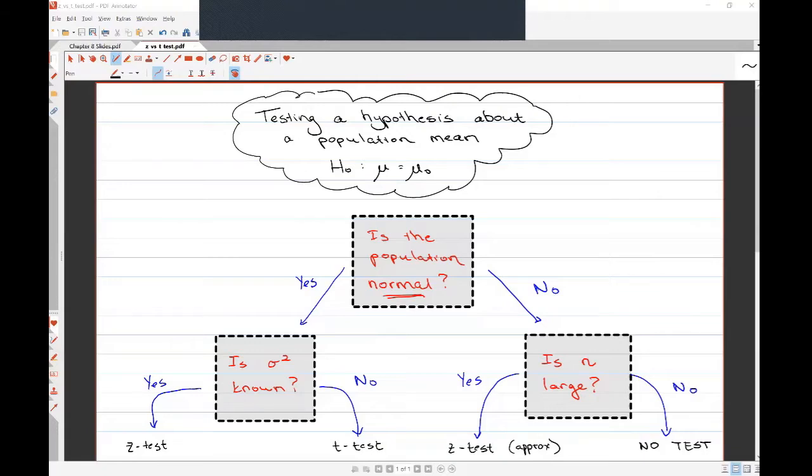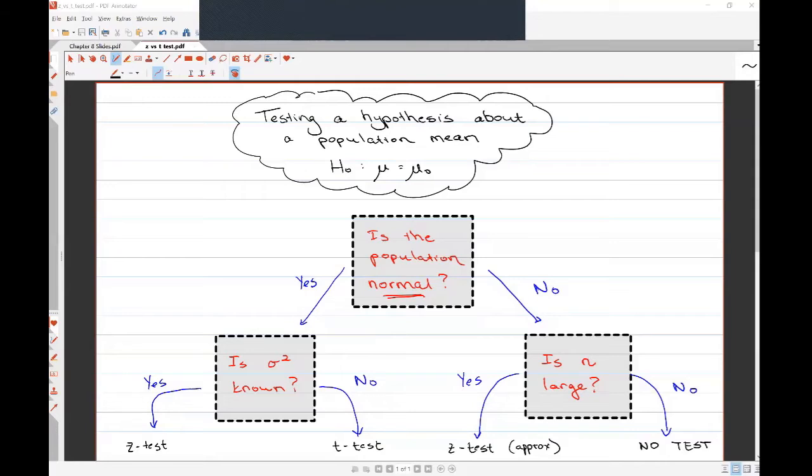This flow diagram should look familiar because we saw a very similar version of this when we were discussing confidence intervals for a population mean. The first question you want to ask is whether or not the population is normally distributed.